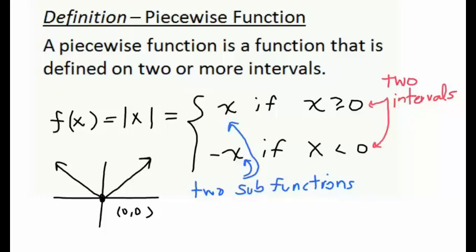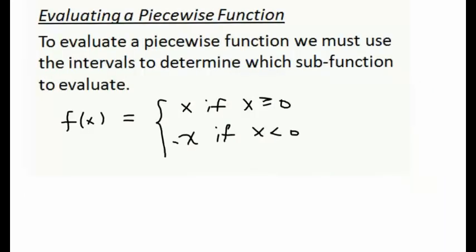Now let's take a look at how to actually use these subfunctions to help us evaluate the output of a piecewise function. If we want to evaluate a piecewise function, what we have to do is look at our intervals first. So we take the x value that we use as input, figure out which interval this x input falls on, and then use the subfunction to evaluate.